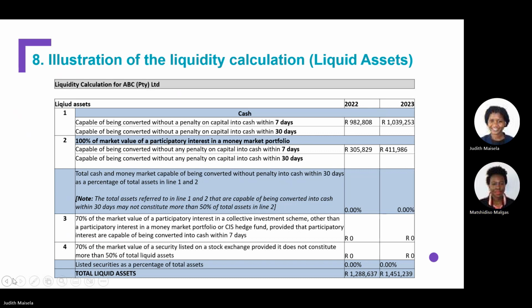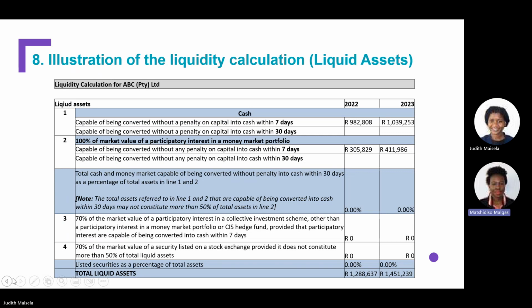So we include 70% of the market value of an interest in a CIS other than money market portfolios or CIS hedge funds, provided that the interests are capable of being converted into cash within 7 days.